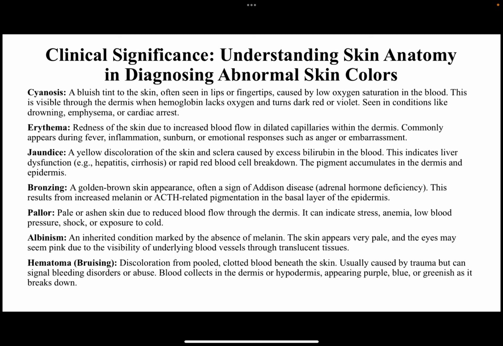So if your hemoglobin level is very low, deoxyhemoglobin forms, and that is what makes certain areas, especially mucous membranes or certain areas of your skin, become bluish in color. Is that okay? So if you understand the skin and some of the features in the skin, it will help you appreciate things like cyanosis.